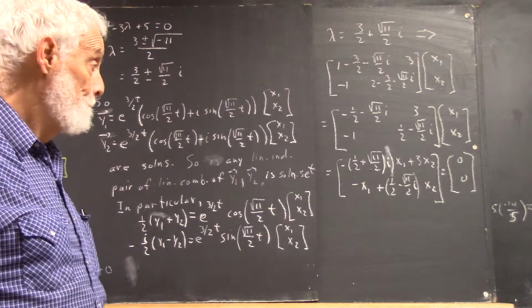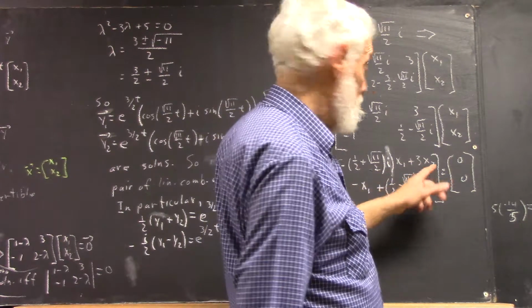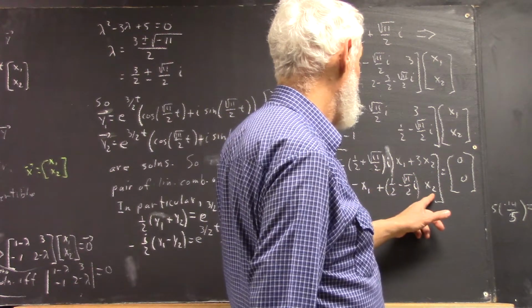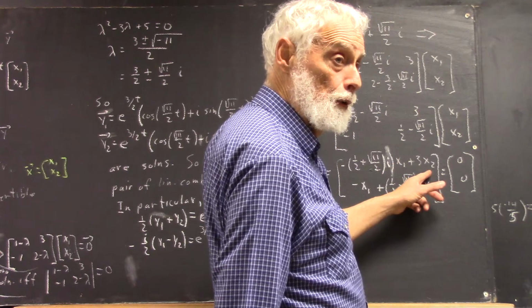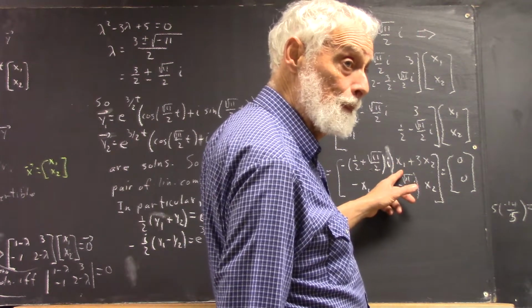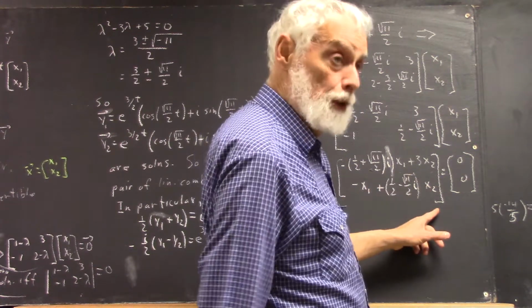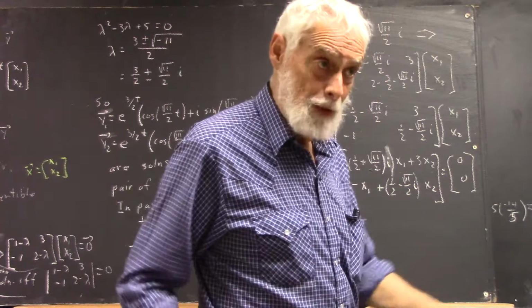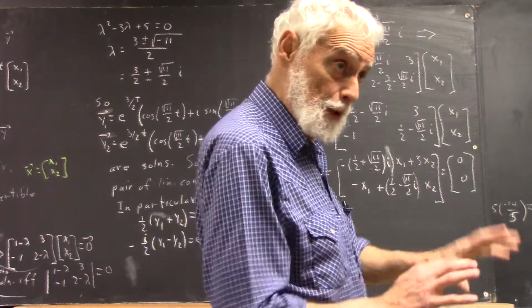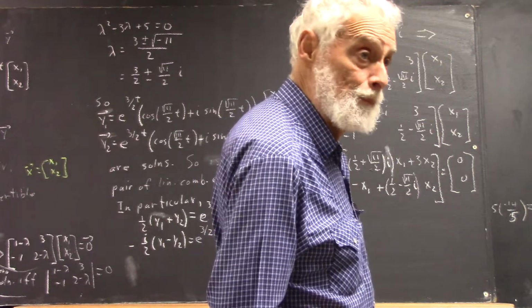Now these equations should give us x1 as a multiple of x2 or x2 as a multiple of x1. And we should get the same multiple for either equation. Now, the way the complex numbers work out, that should happen. I don't have time to work out the details of the complex arithmetic there, but I probably will next time.